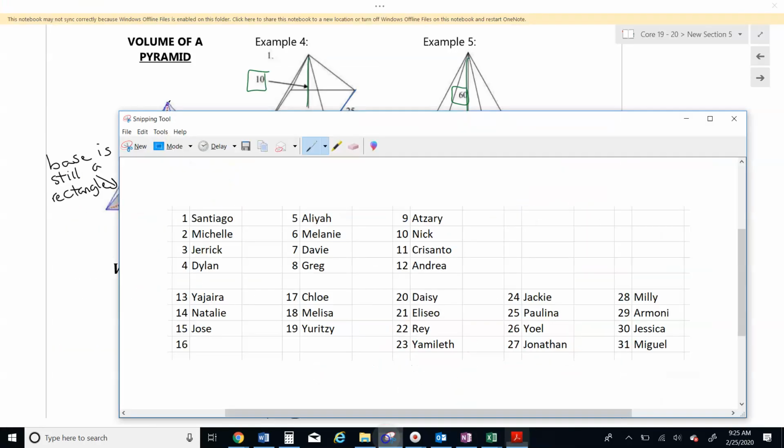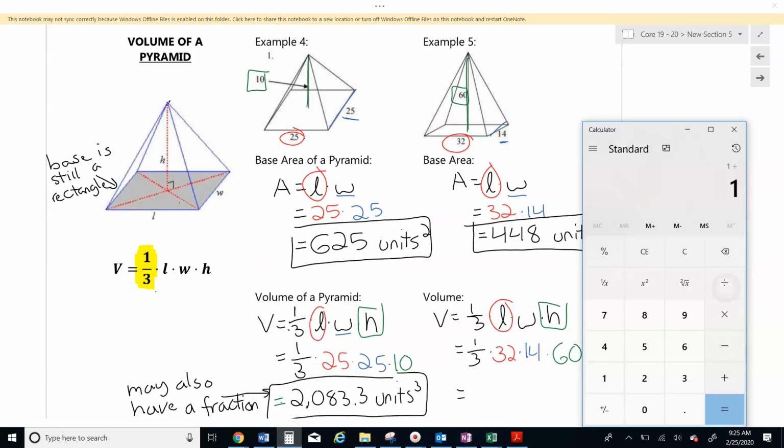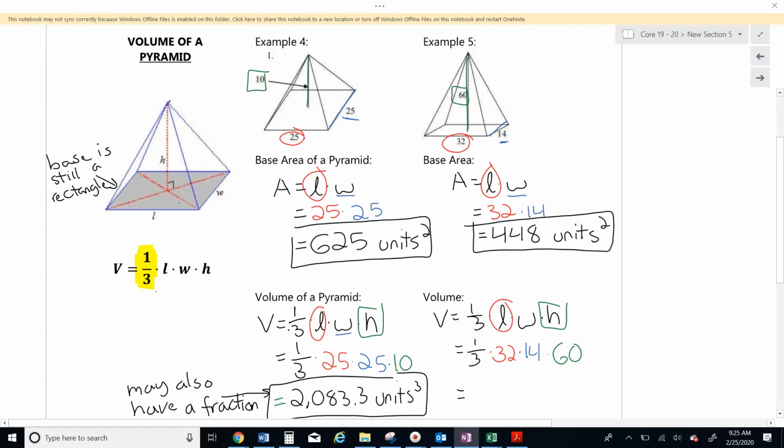So then I'm going to type in 1 divided by 3 times 32 times 14 times 60. I get 8,960. And this is units cubed.